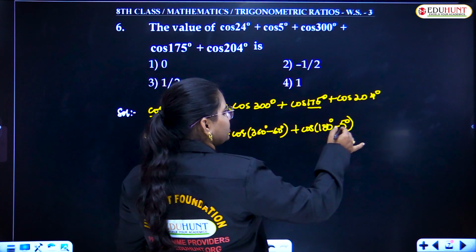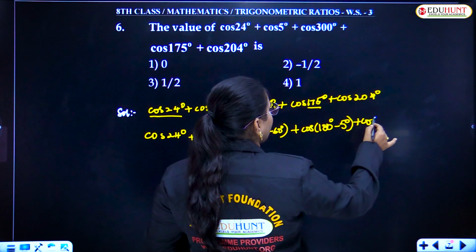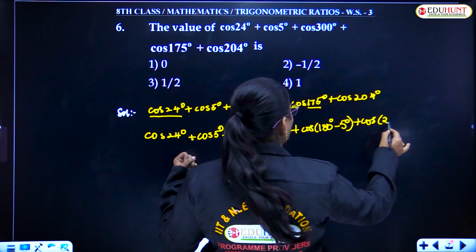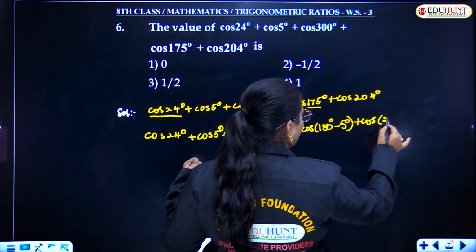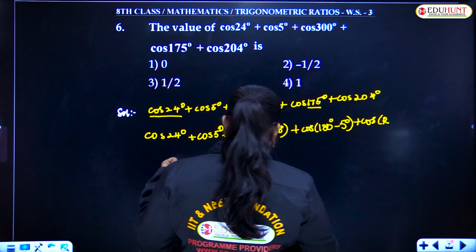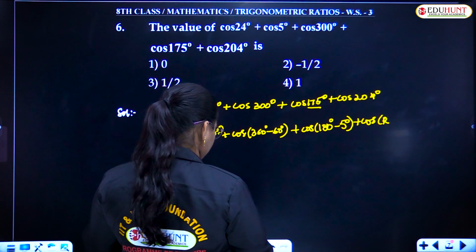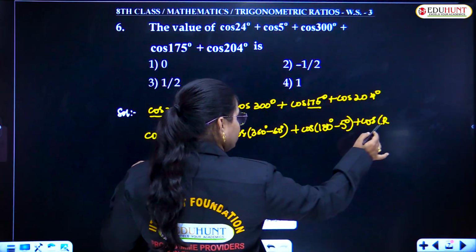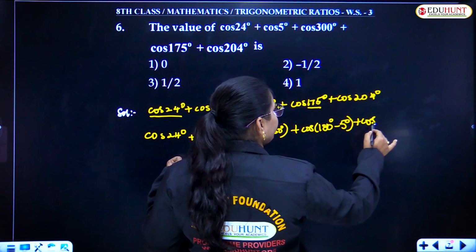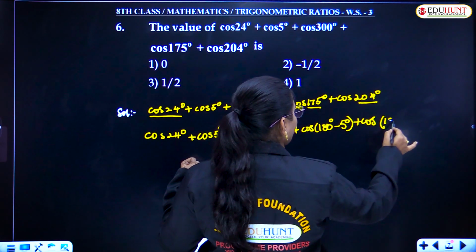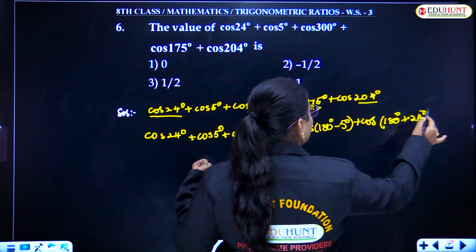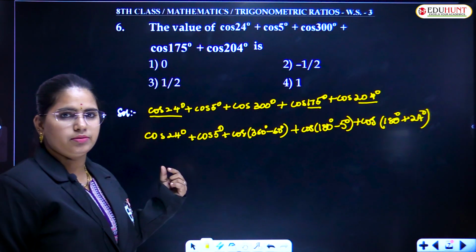So the next one is cos 204. I will write it in the form of 180 plus 24 degree.